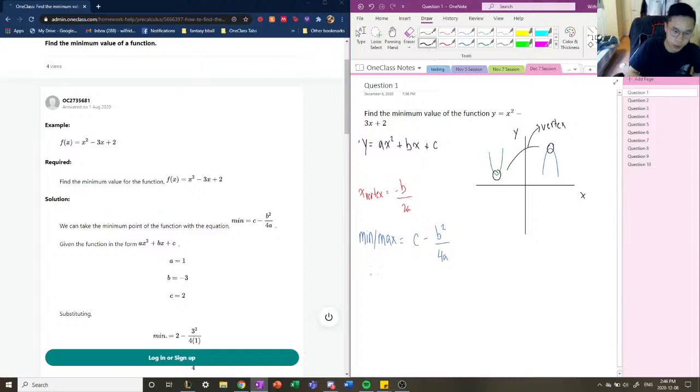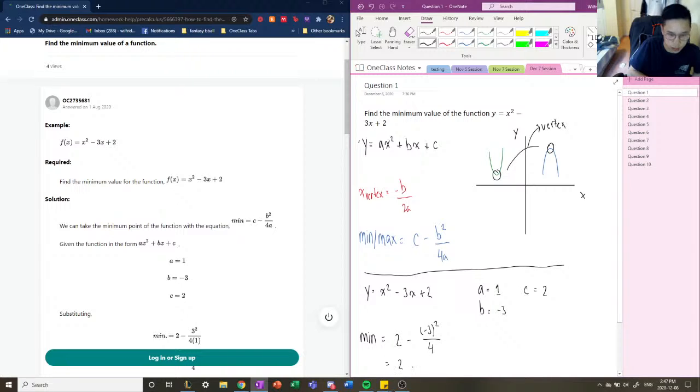Here in our problem, we have our quadratic equation in the standard form of y equals x squared minus 3x plus 2. So we know that a is equal to 1, b is equal to -3, and c is equal to 2. If we plug that into our equation here, we have min equals 2 minus (-3) squared divided by 4.